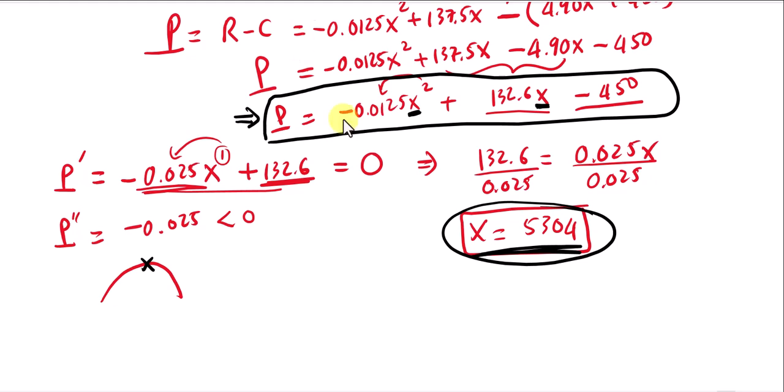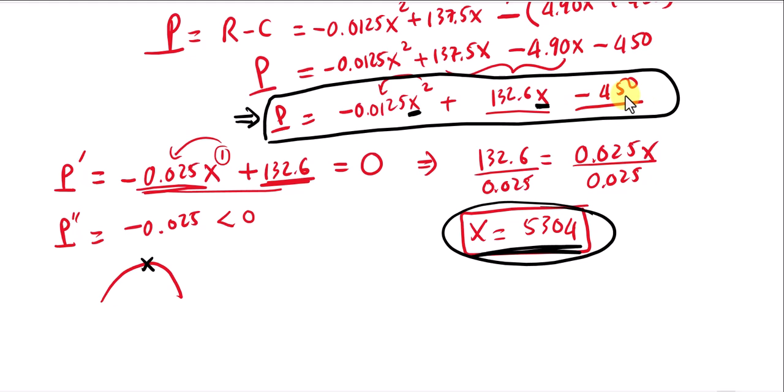So I take 5,304 squared, multiply by negative 0.0125, and then add 132.6 multiplied by 5,304, and then subtract 450.